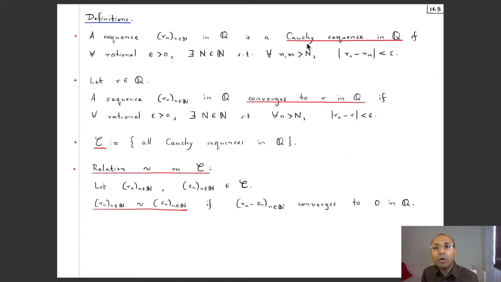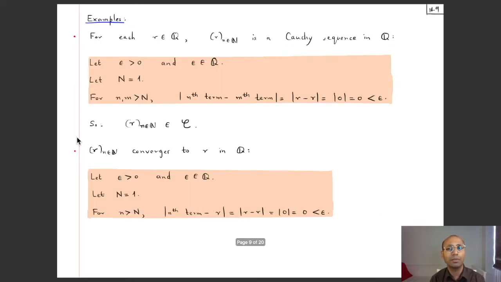Now the set of all Cauchy sequences in Q we will denote by this symbol, calligraphic C. So here is the definition of the relation tilde on the set of all Cauchy sequences in Q. So suppose that Rn and Sn are two Cauchy sequences in Q, so they belong to this set. Then we say that Rn is equivalent to Sn if the sequence with the nth term Rn minus Sn converges to 0 in Q.